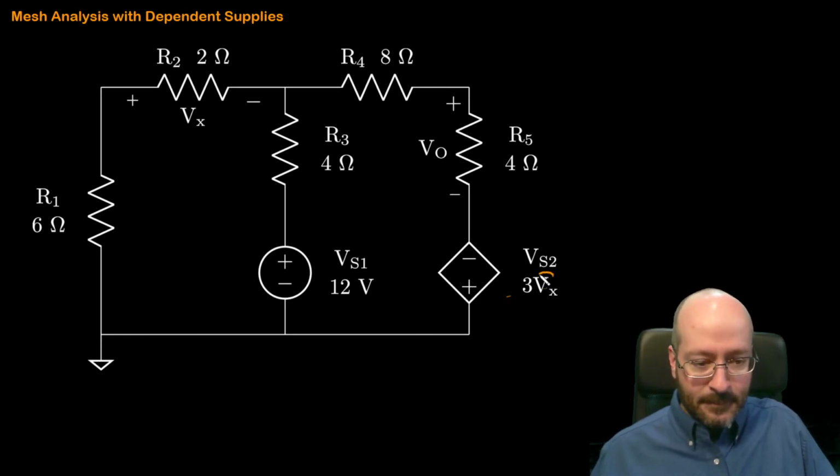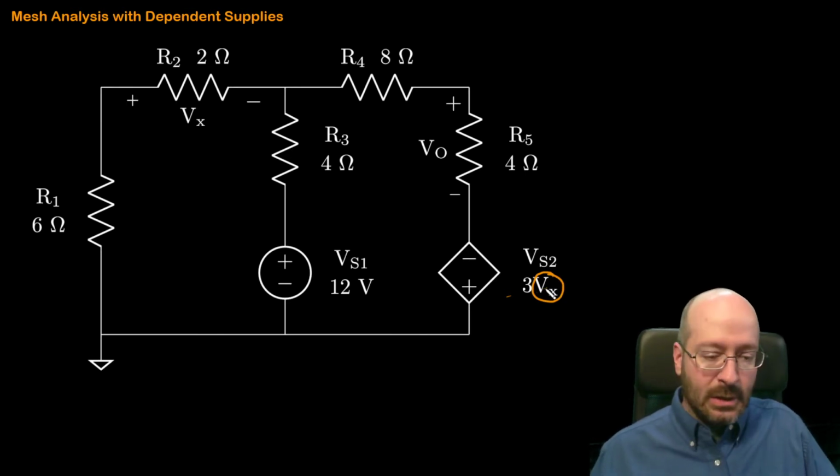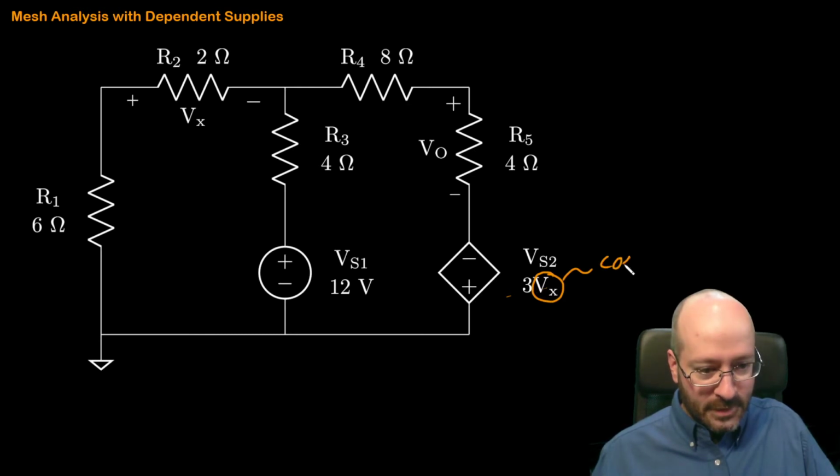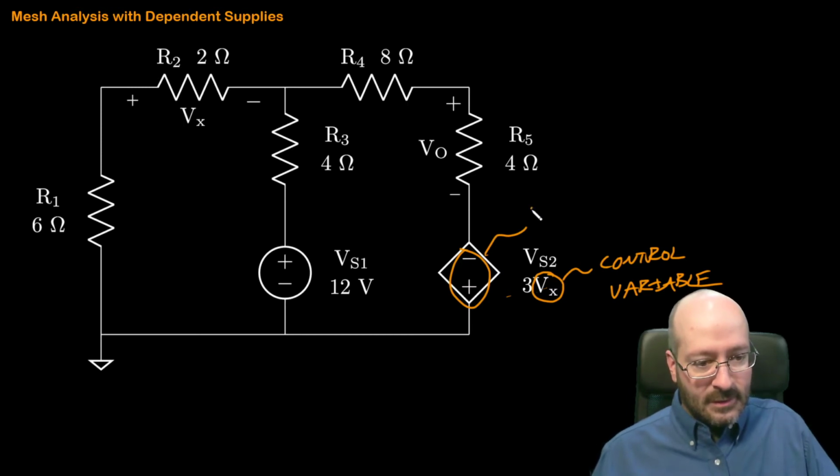Assume it's a voltage source. It's a voltage source because of the plus and the minus inside the diamond. Okay, this is our control variable, and this tells me it's a voltage source.